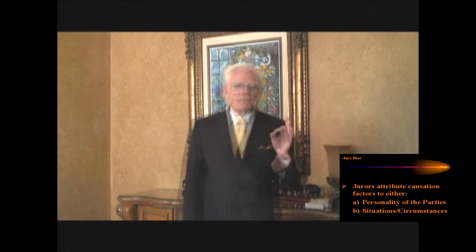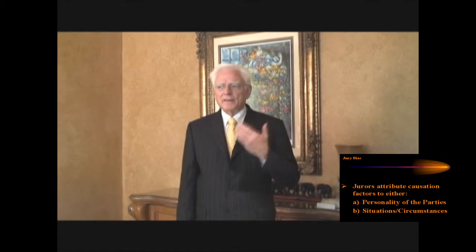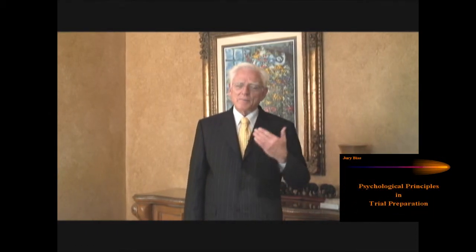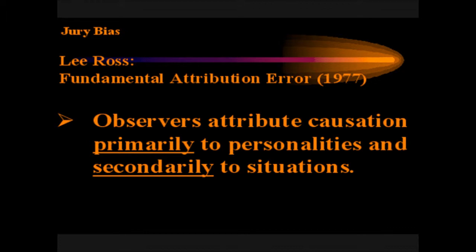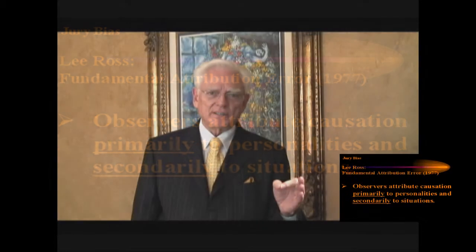A very good friend of the trial bar, he didn't mean it to be this way, but he is a very good friend of the trial bar. He didn't write this for the trial bar. He is a brilliant PhD from Stanford named Lee Ross. In 1977, Lee came up with what is known as the fundamental attribution error. What he learned is that observers attribute causation primarily to personalities and secondarily to situations.